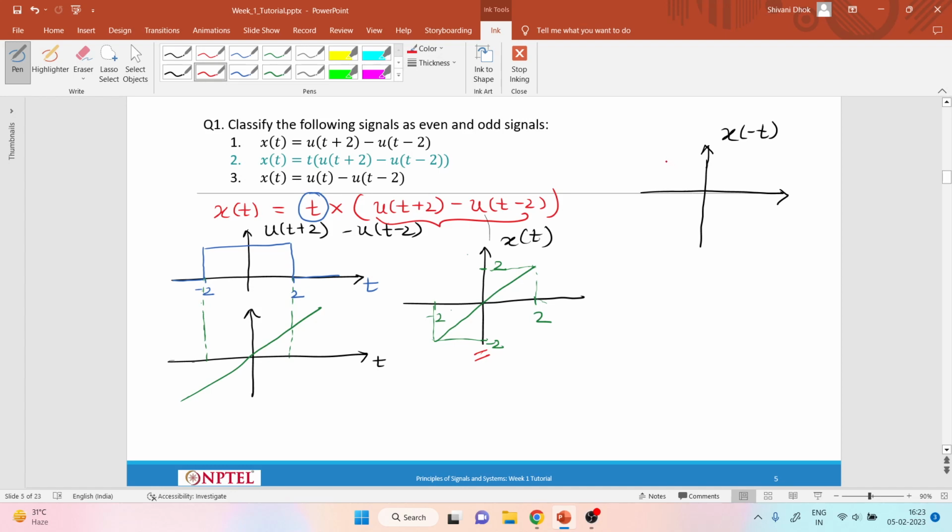So that will give us a signal which is something like this, and this will again be non-zero from minus 2 to 2, but now at minus 2 we will be having a value of 2 and at 2 we will be having a value of minus 2. Now we can clearly see that these two signals are not same. But now suppose we flip it about this t axis, then we get something like this.